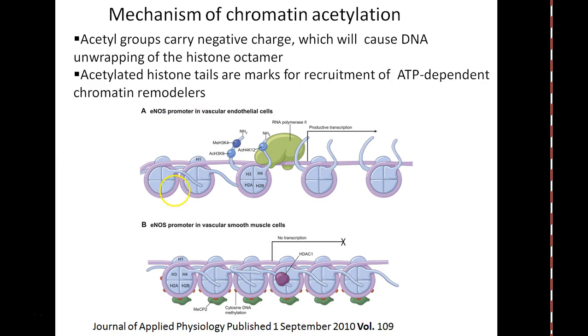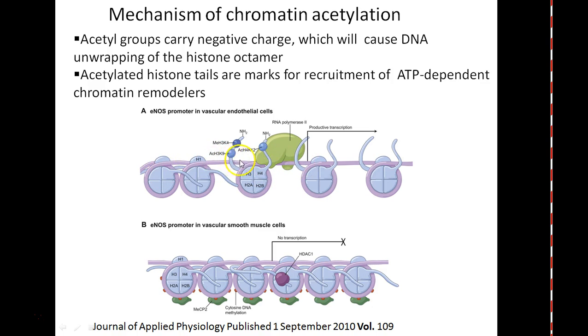So they will start relaxing the DNA that is tightly wrapped around the histone octamer. This region will slowly open up, and we know also that acetylated histone tails are the signal or marks for recruitment of ATP-dependent chromatin remodelers. Those big chromatin remodelers can be recruited to this region and further facilitate opening of the chromatin structure, loosening this region and exposing important regulatory elements.